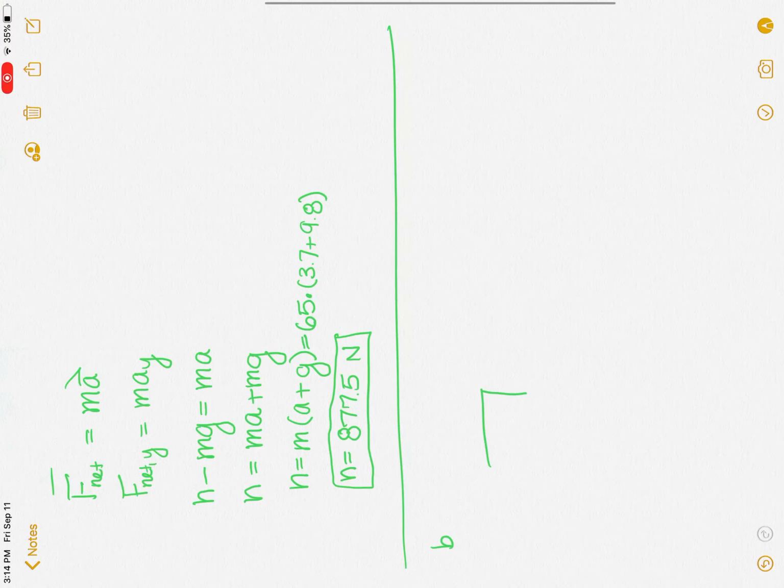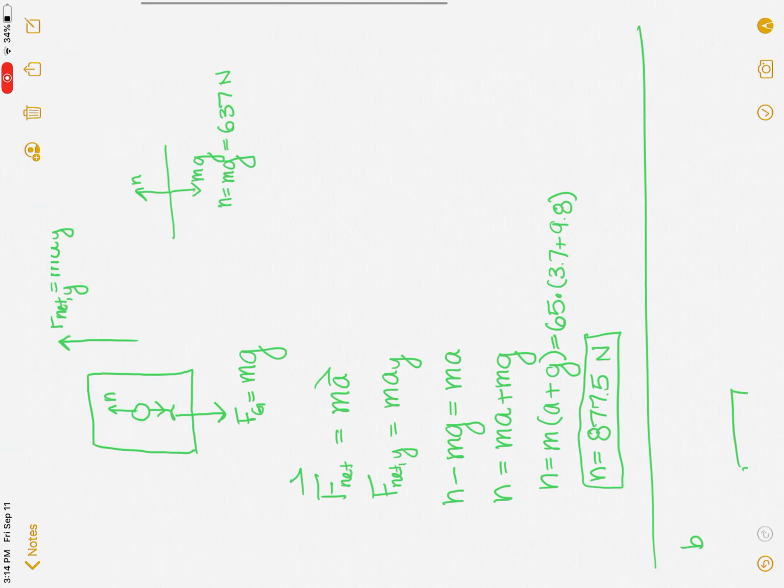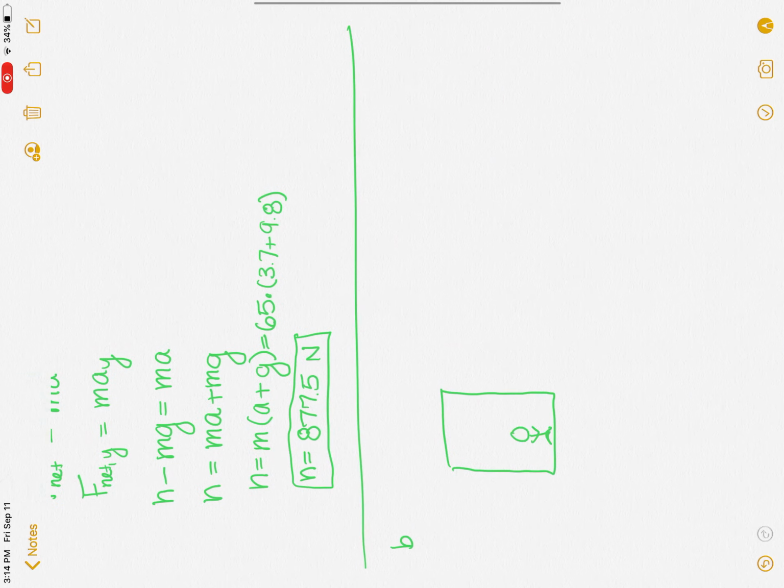For part B, we're looking at the entire elevator, with the person in it. We called the person's mass little m, so let's call this whole system's mass big M. Here we don't have a normal force because we have the tension. We only have a normal force if the elevator was on something that was exerting a force on it, like being pushed up by a forklift.